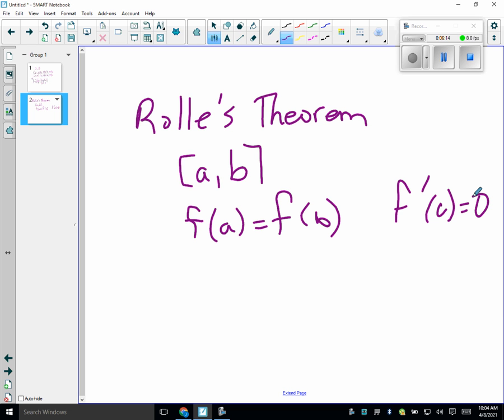What it says is I have a function. Here's A and B. It is continuous. This y value is the same as this y value. Does it make sense that somewhere in there, the derivative has to go up and down or down and up?